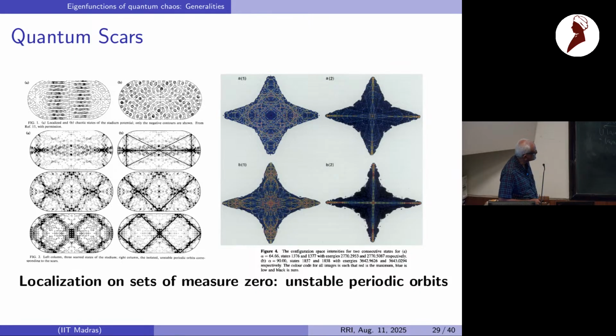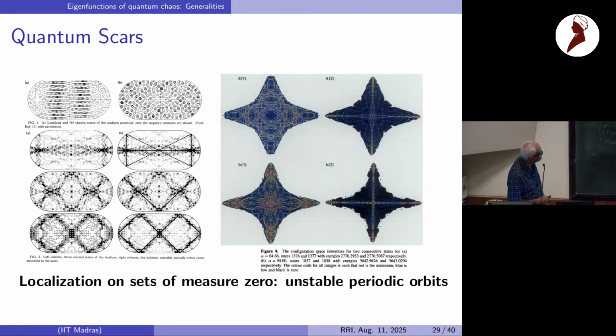But it was realized by Eric Heller, who did some of these computations in the mid-80s, that there were highly excited states which showed quite remarkable concentration and not just random waves. There was this state, for example, which shows a concentration of intensity along this direction, which is also the direction of an unstable periodic orbit.